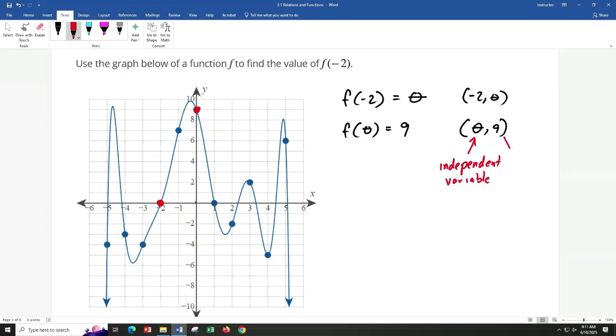Your y is going to be your dependent variable. y is dependent on whatever x is. Okay? Because remember, to get to that y, where did we have to go first?